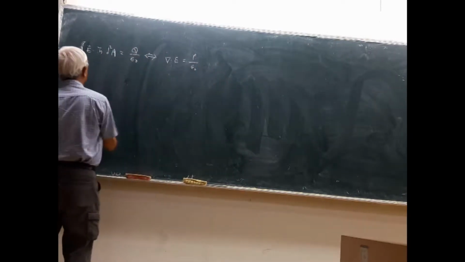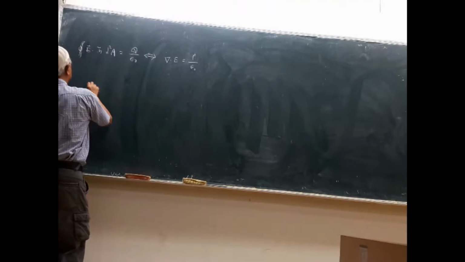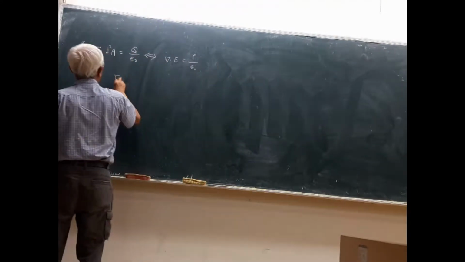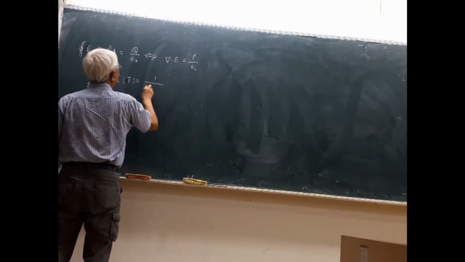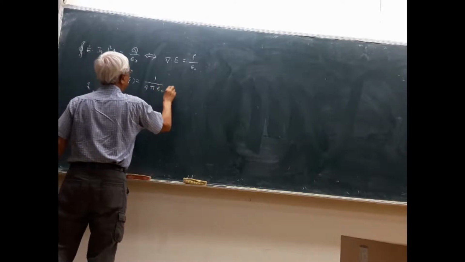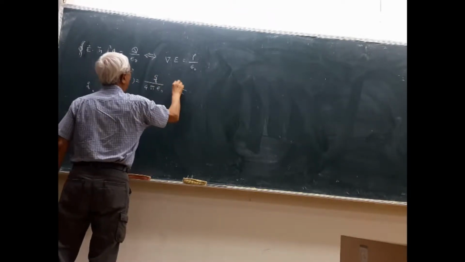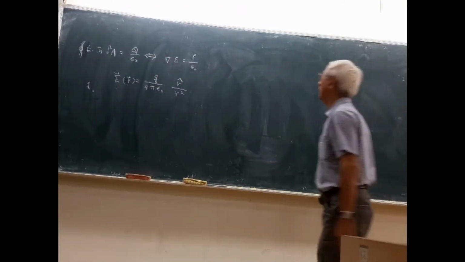Coulomb's force, where the field produced by a charge at the origin is given by E(r) equals Q over 4 pi epsilon naught r squared.